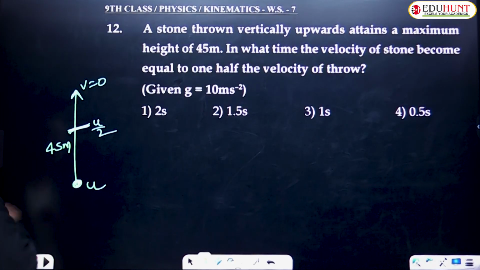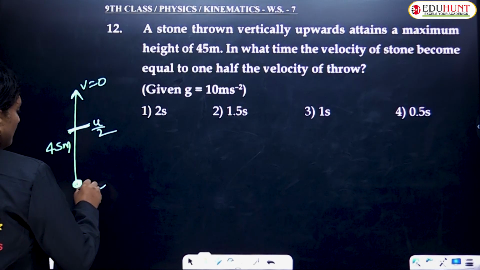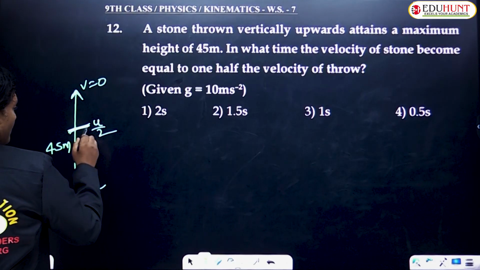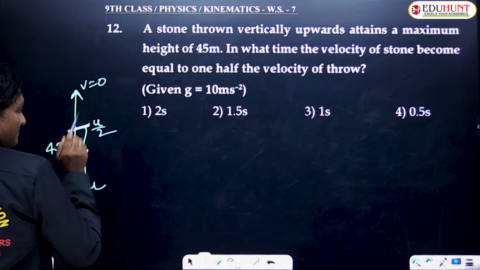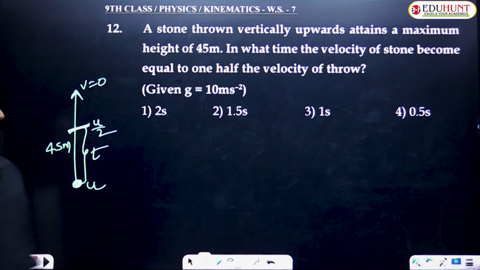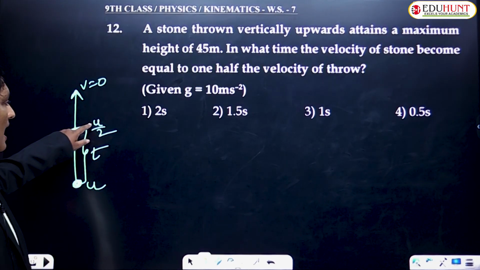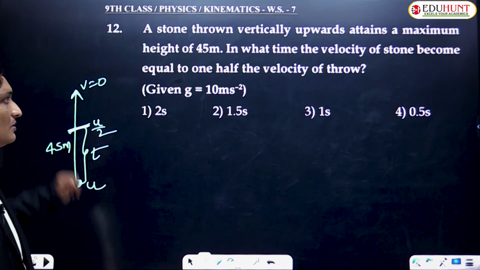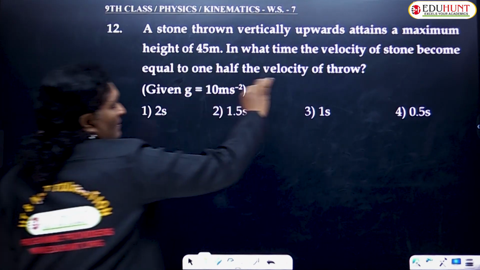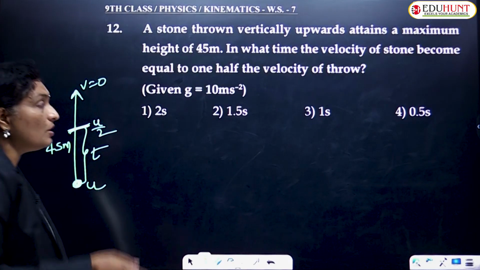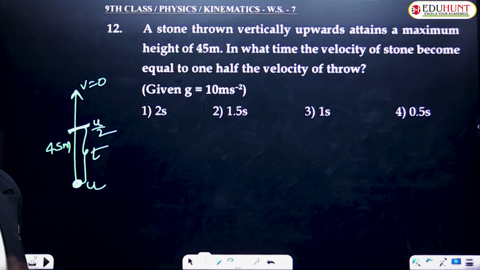Now you are asked to find out, to become from u to u by 2, it would have traveled some distance and covered some time t. So this velocity becomes half. How much time would it have taken?